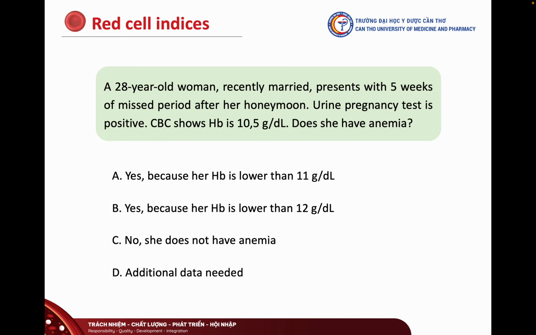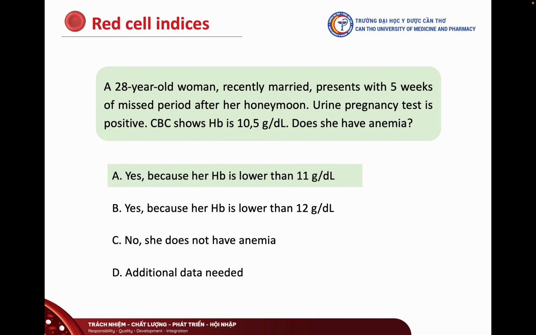That means option B is incorrect. 12 grams per deciliter is the cutoff for non-pregnant women. Option C is also incorrect because her hemoglobin level is actually lower than the pregnancy threshold. And option D is tempting, but the diagnosis of anemia in this case is already clear. So the correct answer is A.